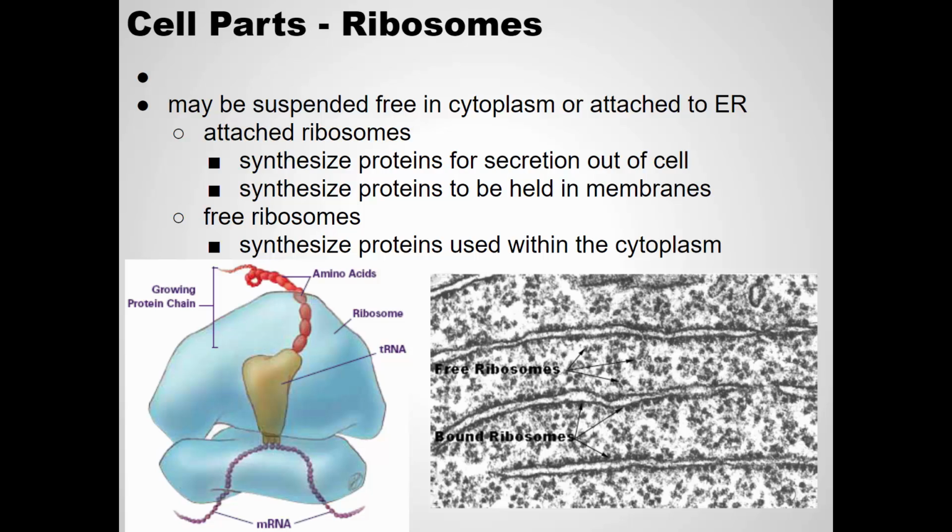Those ribosomes that are produced in the nucleolus are made of RNA, ribosomal RNA. That's shown here in blue as the ribosome. They have two subunits that bind together to form a ribosome.